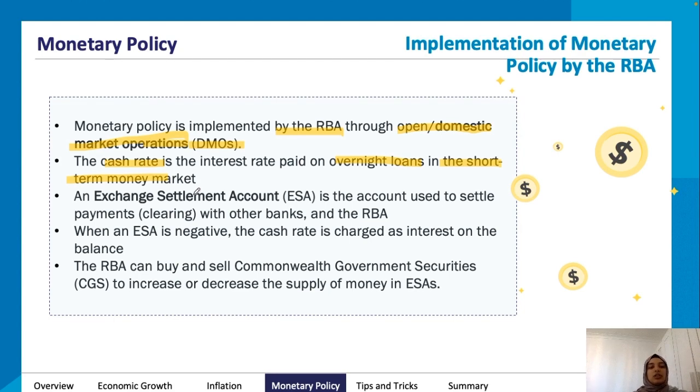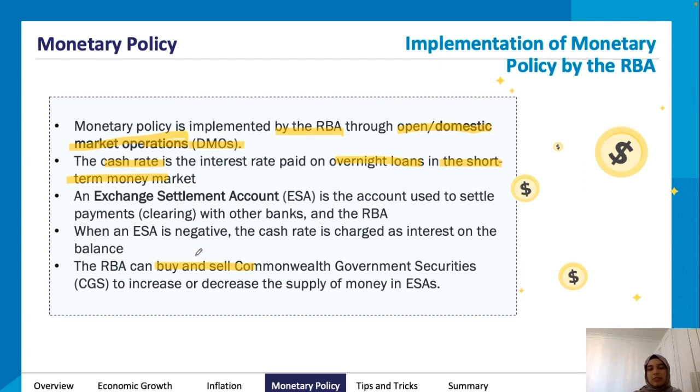Okay, so the RBA, essentially what they're doing is they're trying to manipulate how much money is sitting in those ESAs, exchange settlement accounts. How do they do this? Through government bonds or securities, rather, to change around the supply of money that's actually sitting in there. It's very important that they do so because that helps the implementation of monetary policy by the RBA.